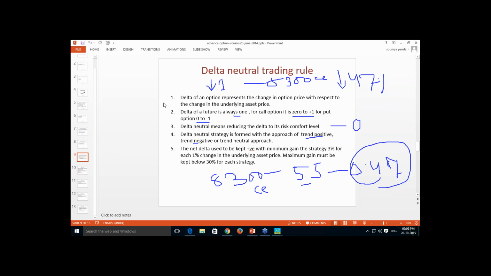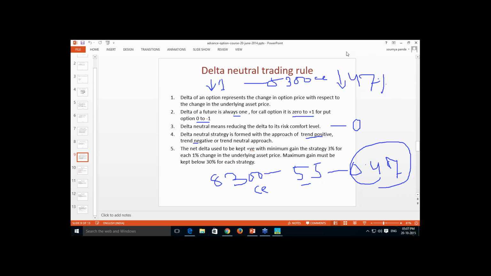These are the three things you have to concentrate on. For an upward trend, you need to derive a positive net delta. When we anticipate making a profit from a downward trend, we have to derive a negative net delta.